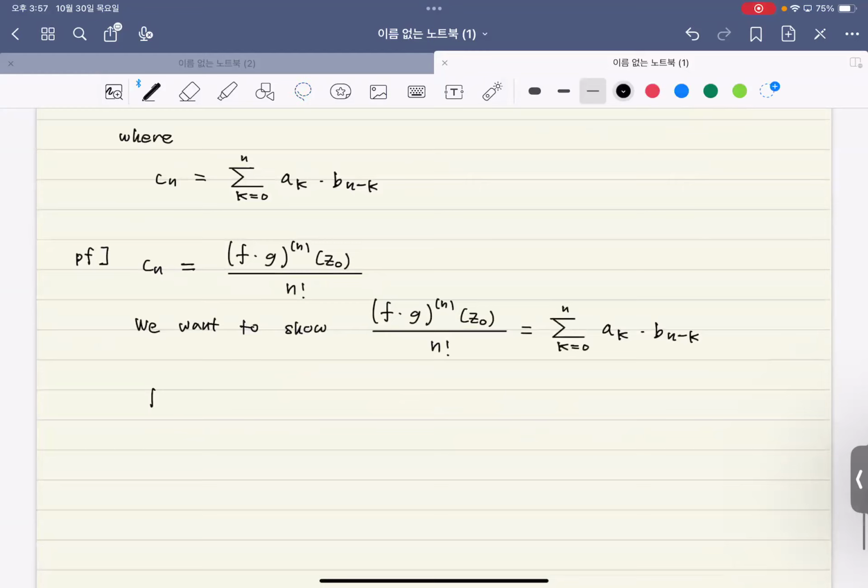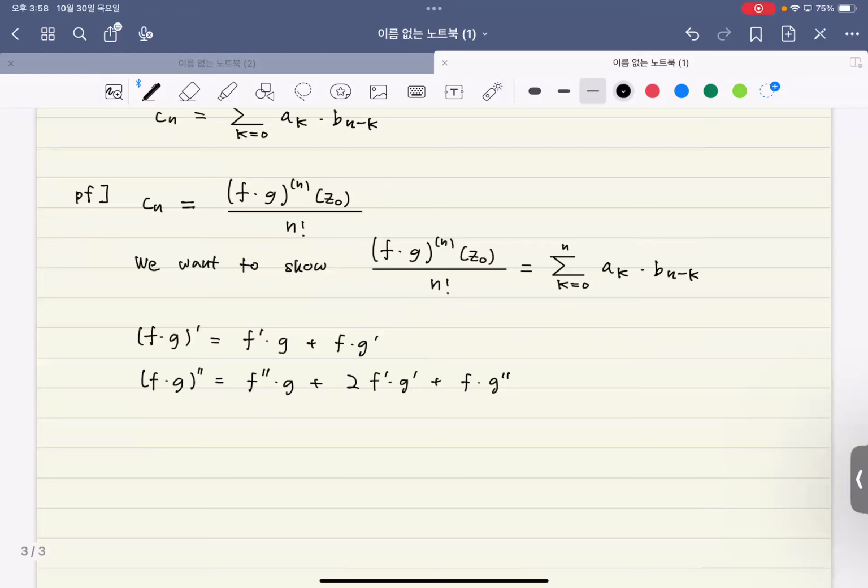The first derivative of f times g is f prime g plus f g prime, and the second derivative is f double prime g plus 2 times f prime times g prime plus f g double prime. If you keep writing these derivatives on and on, you can easily figure out the pattern lying underneath.